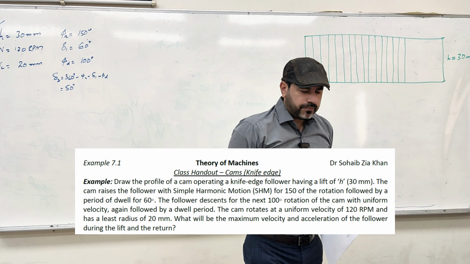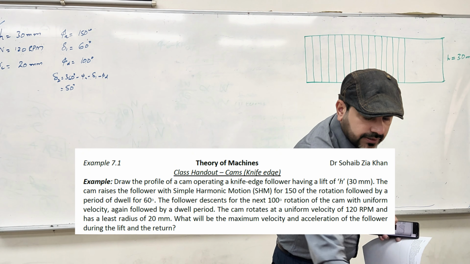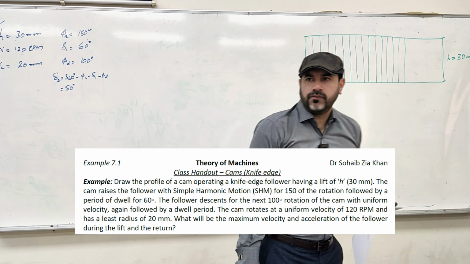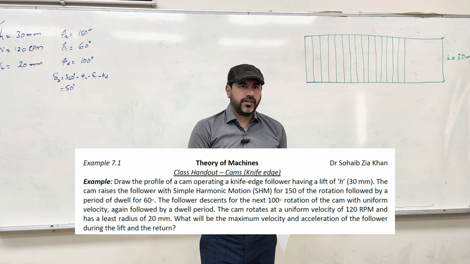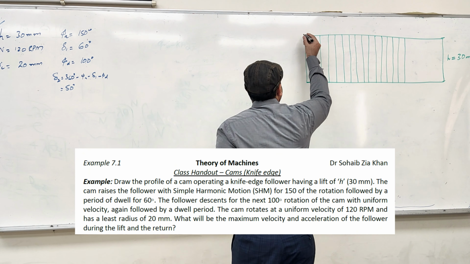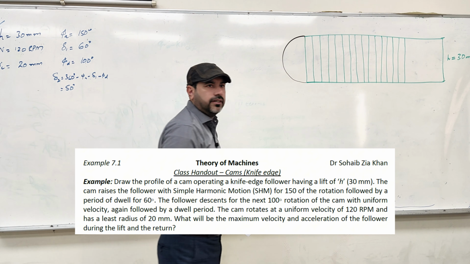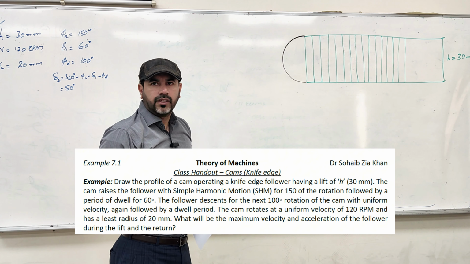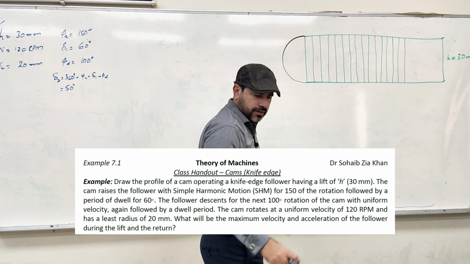Because simple harmonic motion is involved, we need an external reference to take the simple harmonic motion. So for that we can draw a semicircle over here.